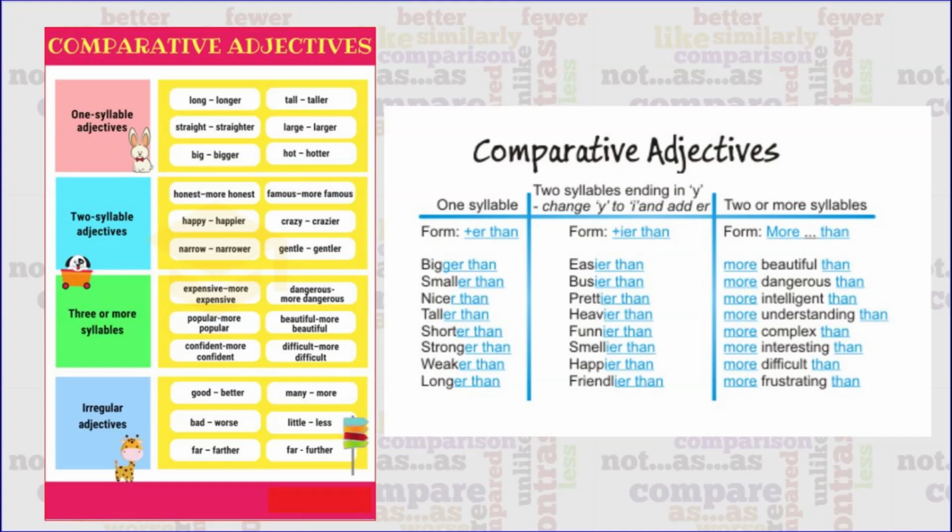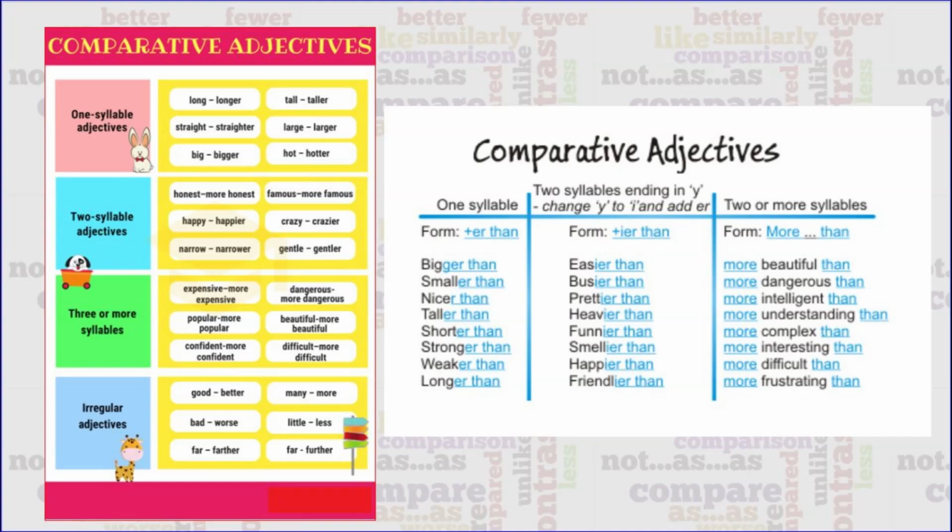But if the adjective has 2 or more syllables, we need to add more before the adjective, like expensive. Expensive becomes more expensive, beautiful becomes more beautiful, and comfortable becomes more comfortable, and so on. If the adjective ends with y and has 2 syllables, then you need to change y to i and then add er to that.